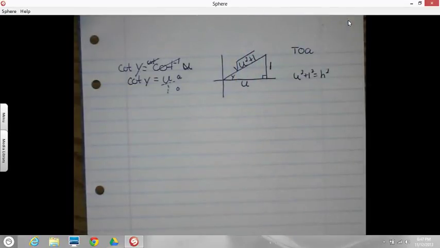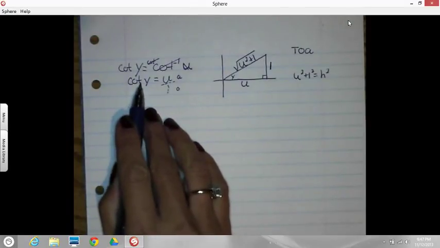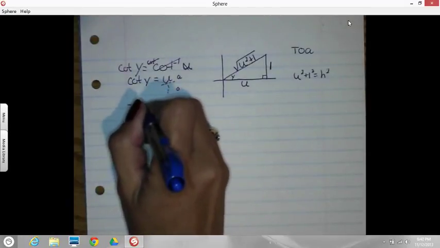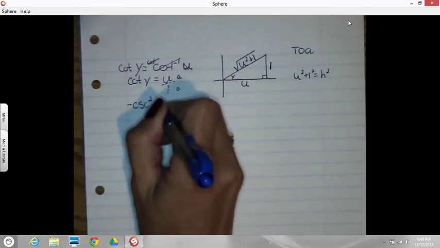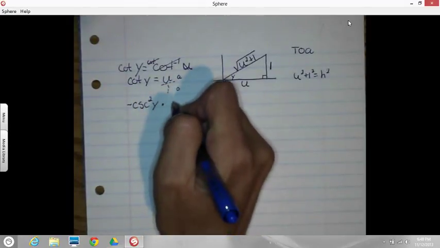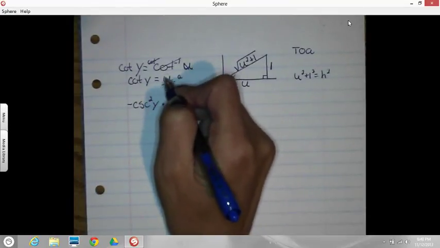Okay, now we go into derivative. We've got a regular trig function that we know we have a rule for. Cotangent's derivative is negative cosecant squared of the angle times the derivative of the angle, which is y prime, 1 y prime. And on the right, the derivative of u is 1 u prime.